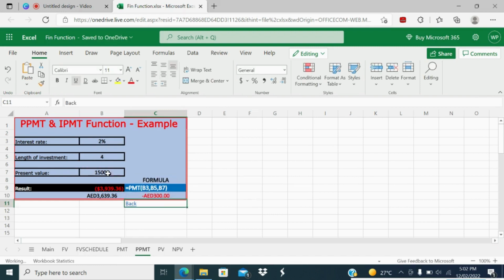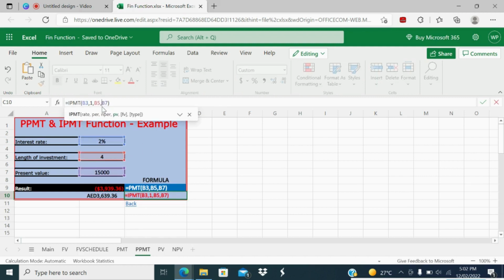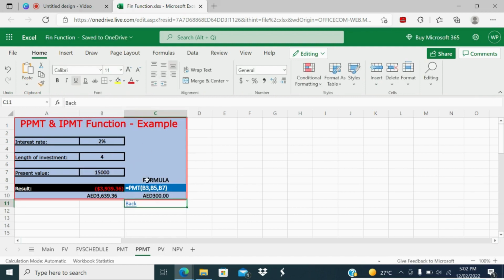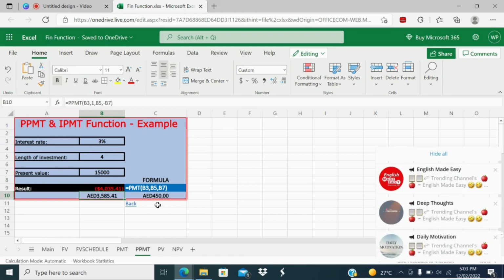So 300 is your interest in that particular installment. If you like, I'll change this to 3%. Okay, automatically it will change. So 4,035 is your installment. In that 4,035, 3,585 is the principal amount and 450 is the interest amount.